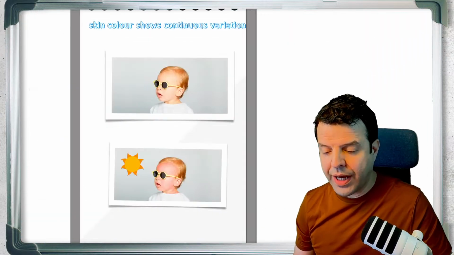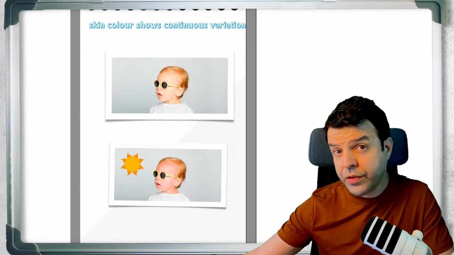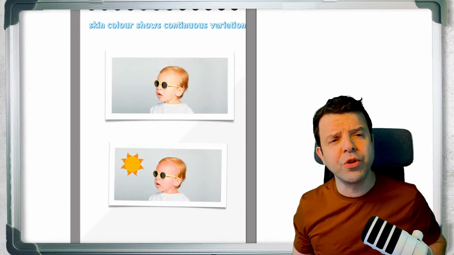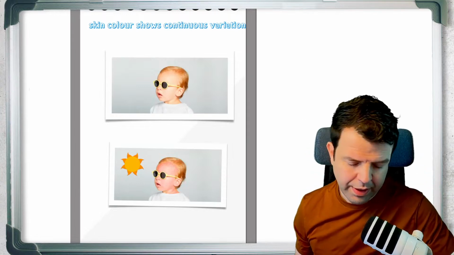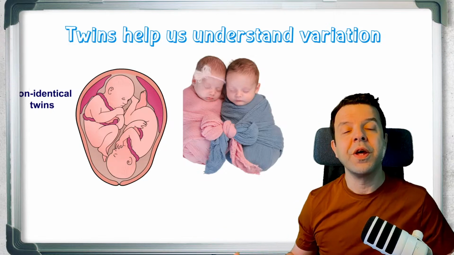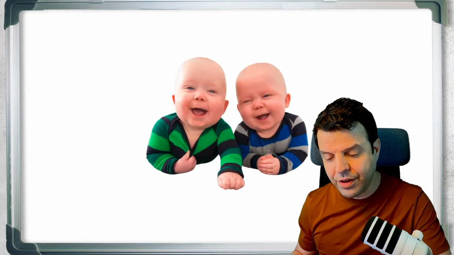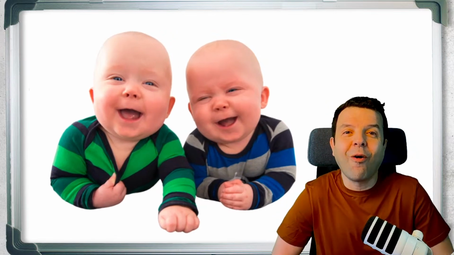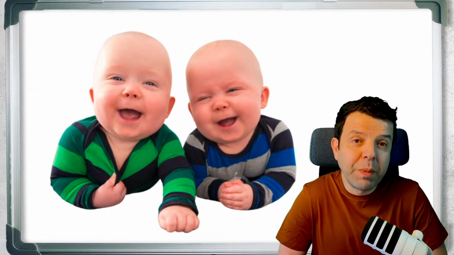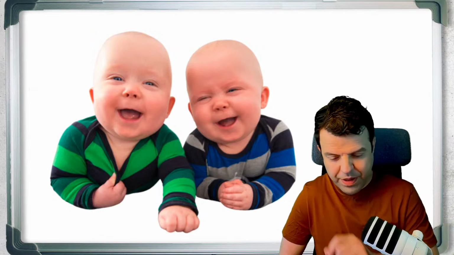Then we talked about continuous variation, where individuals show gradual, minimal differences among one another. And then we looked at twins, because if you have identical twins, then the only differences that they show would be because of environmental factors.